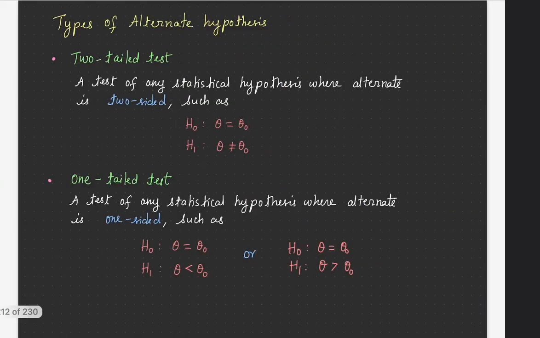Thus, we have two tests: one is a two-tailed test, the other is a one-tailed test. If the alternate hypothesis is two-sided, something like this, then we use a two-tailed test. If it is one-sided, theta is less than theta naught or theta is greater than theta naught, then we call this a one-tailed test. This one is a two-tailed test.